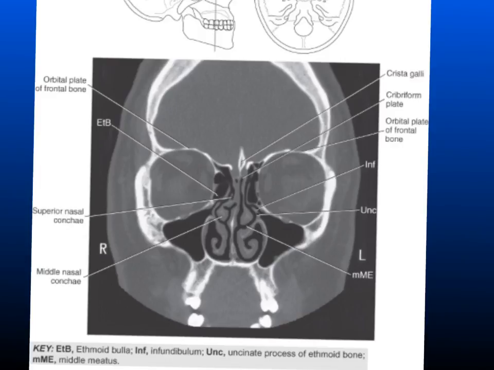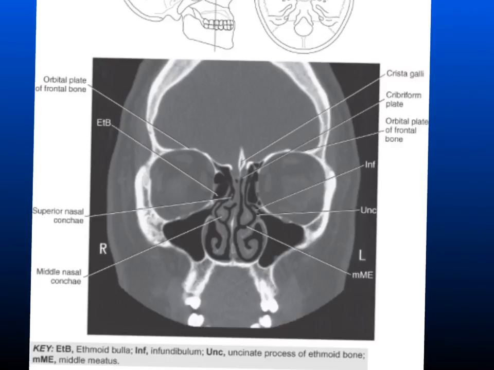On children, a lot of times, what kind of view do you do for the sinuses? Waters, right? So Waters will be able to tell you if there is any fluid in the maxillary sinuses. For the most part, if they're 2-3 years old, all the sinuses are not developed necessarily, but you'll see at least the maxillary sinuses, some of the ethmoid sinuses.